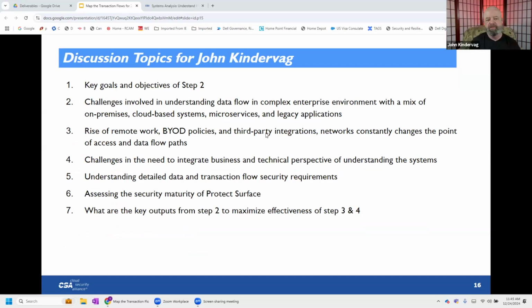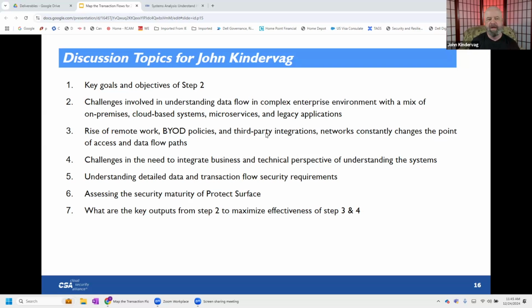Well, in general, when we're mapping the transaction flows, it isn't necessarily proprietary information. Now, some of the flow data themselves may contain payloads that have proprietary data, and you need to think about that.